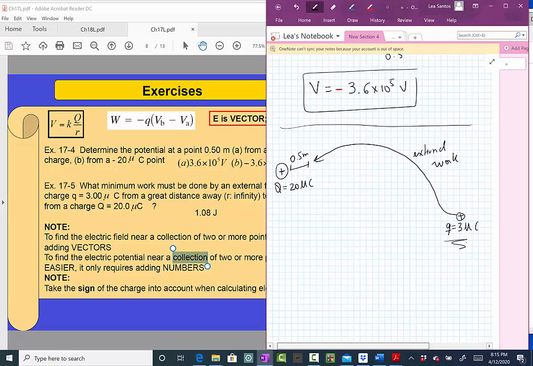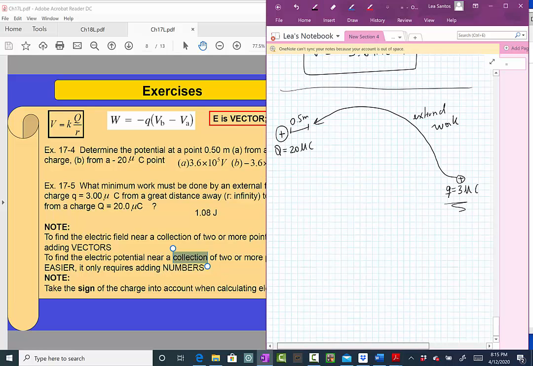To bring it close to the big Q, we have to exert an external force. We have to inject energy to overcome the barrier, to bring this little q close to the big Q.